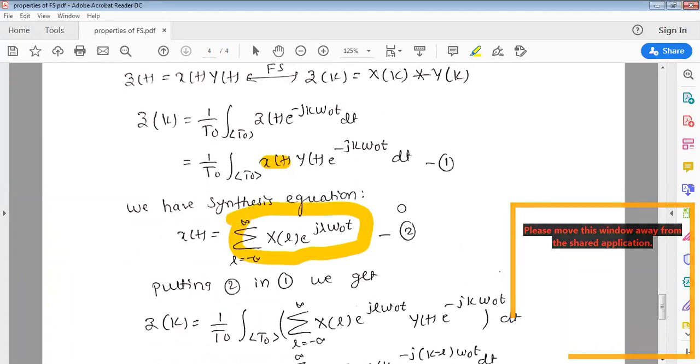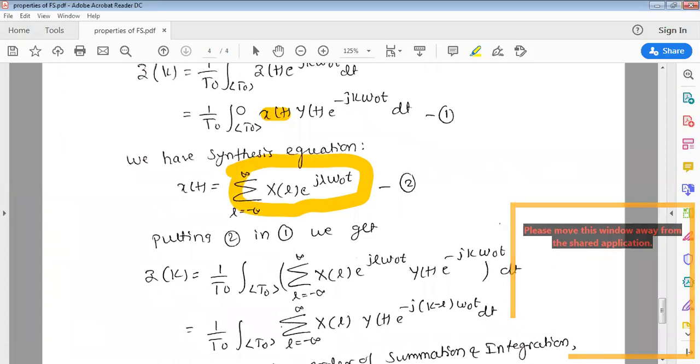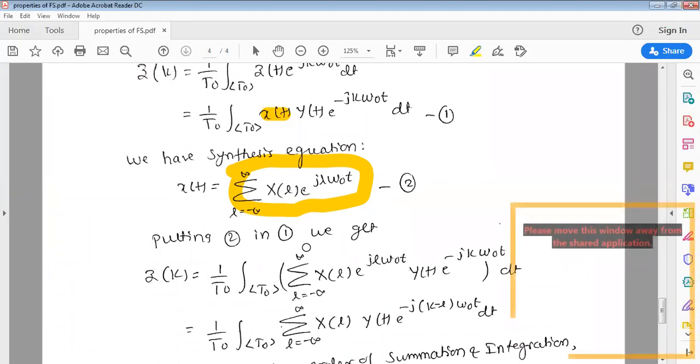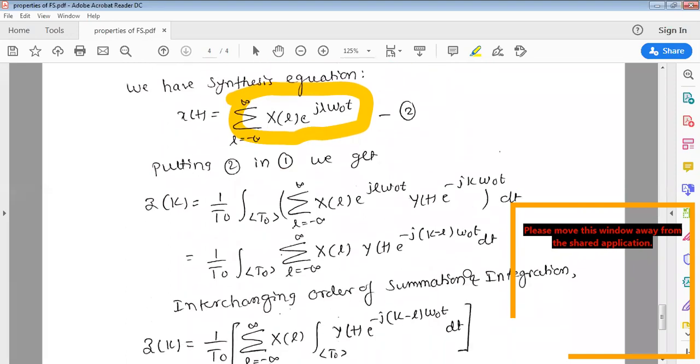Putting 2 in 1, I have z of k is equal to 1 by T naught integral for a period of T naught, replacing x of t by summation L equal to minus infinity to plus infinity x of L into e power j omega naught L t, into the entire remaining equation, that is y of t into e power minus jk omega naught t dt.